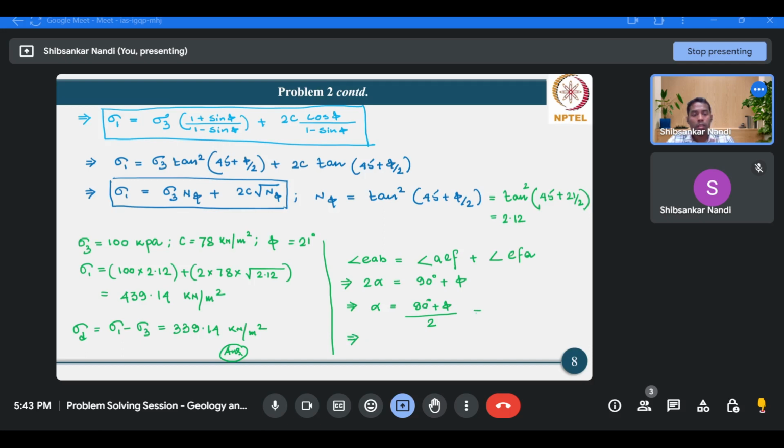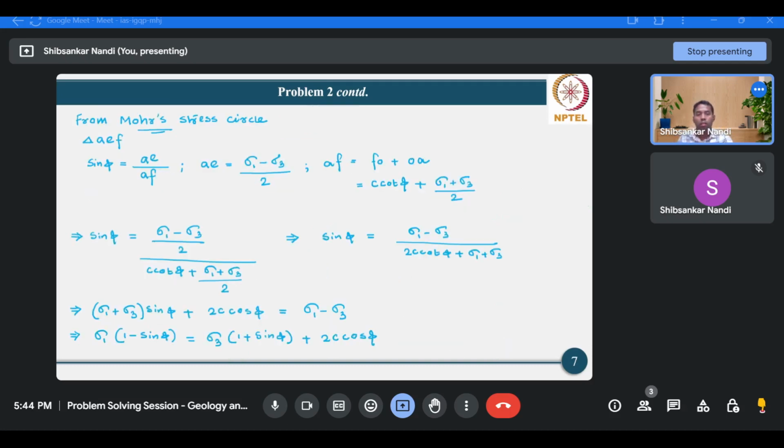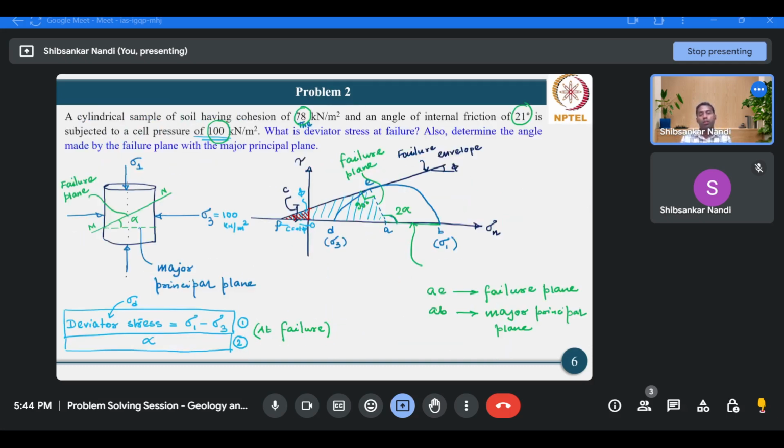So that means 90 degree plus 21 degree by 2, or alpha equals 55.5 degree. So this is another answer. So this is part A and this is part B. So this is from simple geometry.